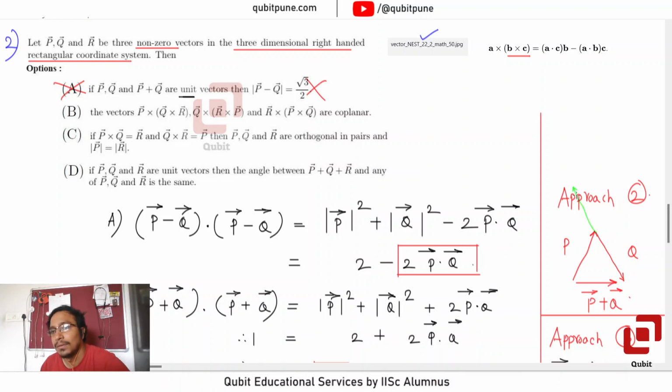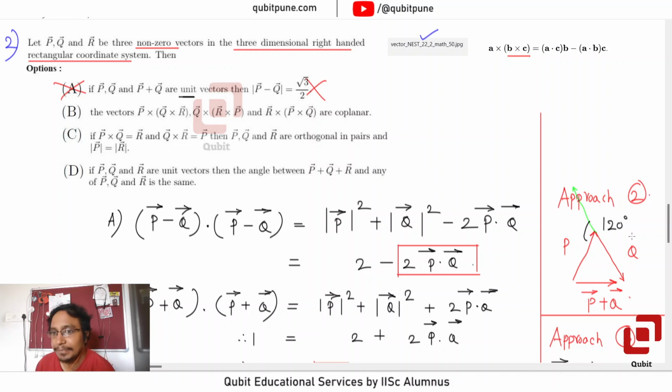And since it is an equilateral triangle, the angle between two sides would be 60 degrees. So the angle between the new vector that we have drawn and P vector will be 120 degrees. From here we can solve and see that the value of P vector plus the negative of Q vector is not root 3 by 2.